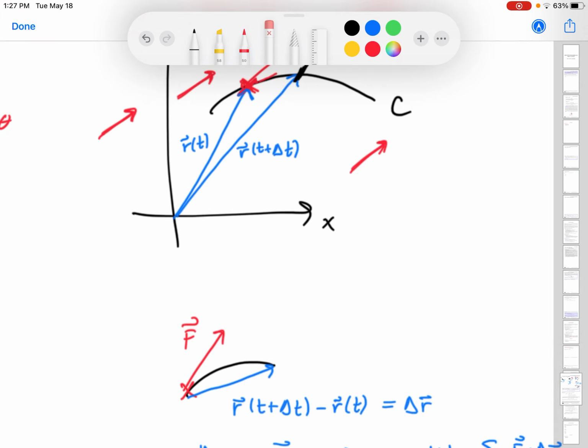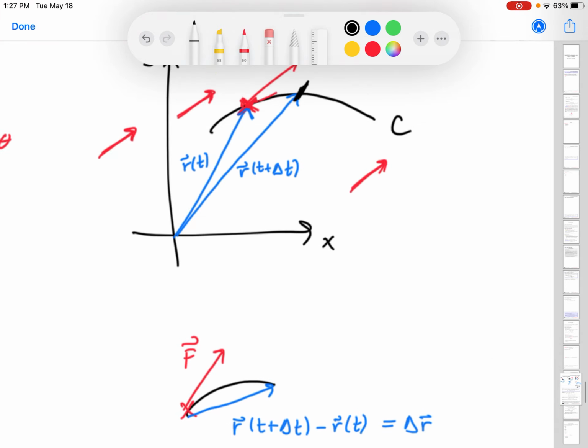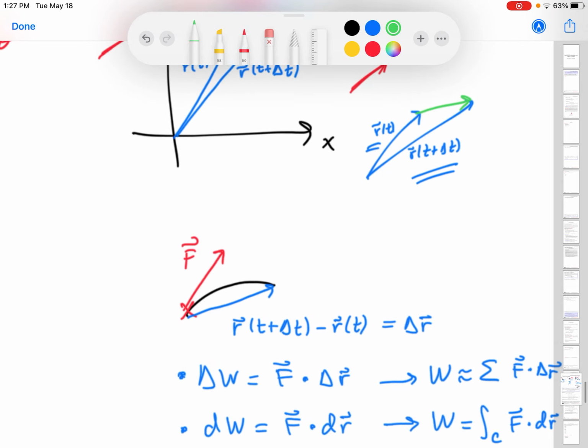Notice up here, if I go back to my vector properties of arithmetic, if this is r of t and this is r of t plus delta t, then if I do this minus that, I'm getting the vector that points in this direction. So that's what I'm drawing over here. That's r of t plus delta t minus r of t.